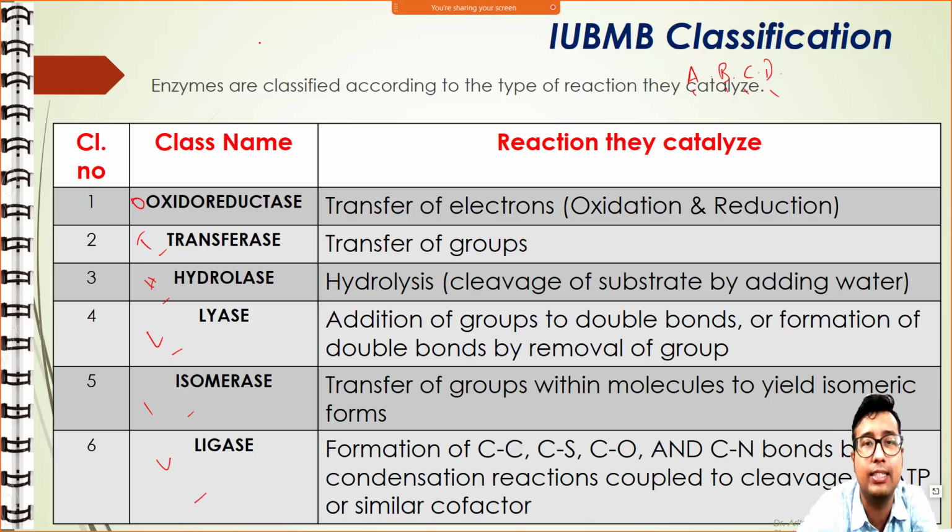I will not be going into the details because this is very basic. You can pause this and read from your textbook, but know at least 2 examples of each at your fingertips. The moment the examiner asks you to name some lyase enzyme, you must be able to say aldolase.